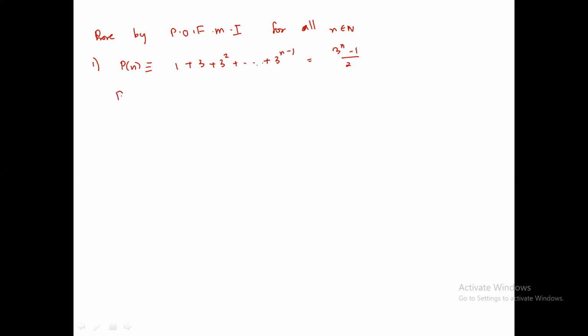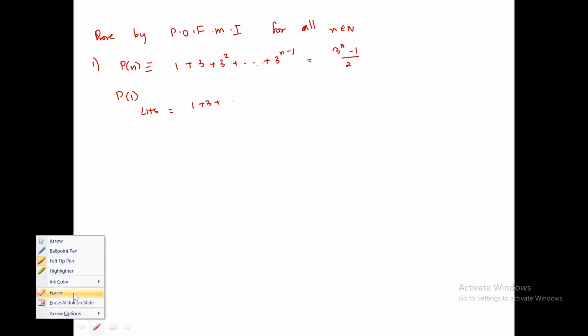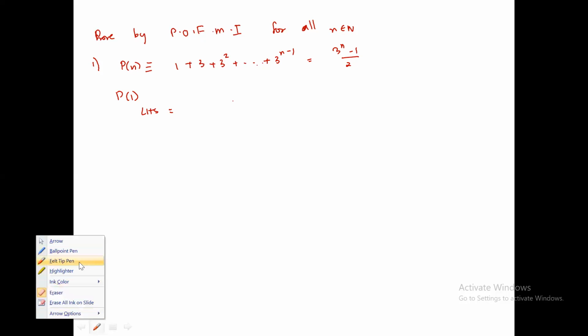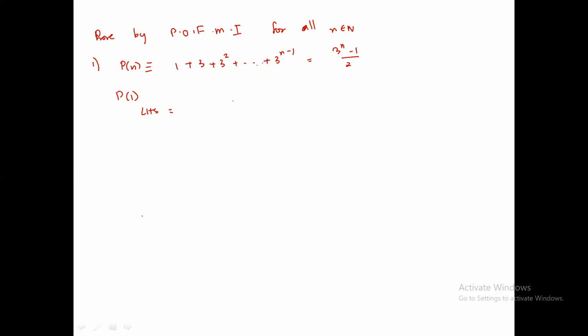So if I take P of 1, left hand side, 1 plus 3 plus like that, I have to take n as 1. N as 1 means take the last term. In the last term, when you put n as 1, what you will get? 3 power 1 minus 1, 3 power 0, that is 1.